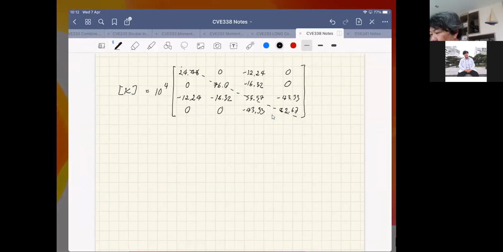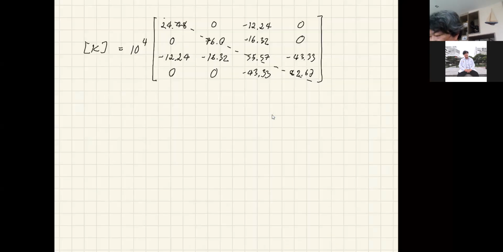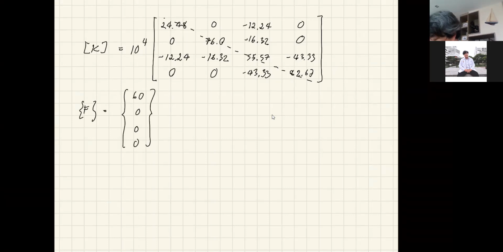So we can write our force matrix as 60, right? That's Q1, 0, 0, and 0. And of course, your displacement matrix is Q1, Q2, Q3, and then Q4. All right.